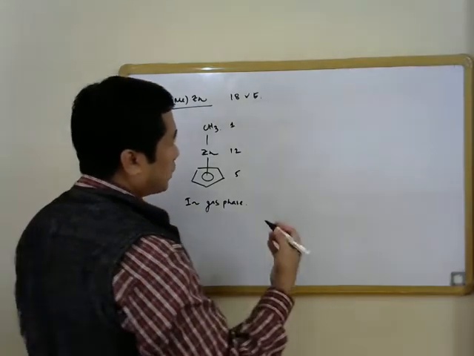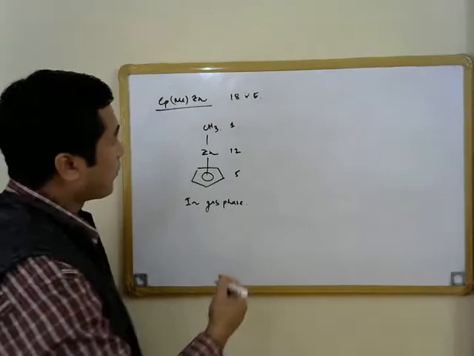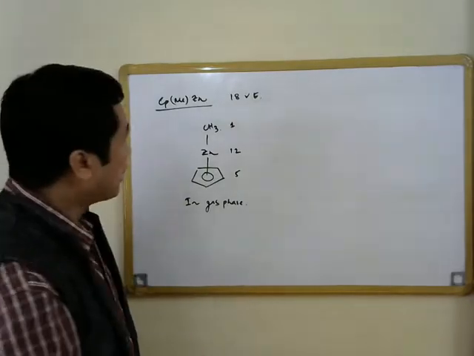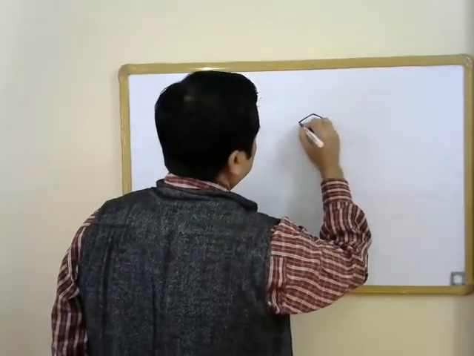But in the solid state, the structure is different. It has a polymeric structure, where the Cp ligands essentially bridge the metal centers.